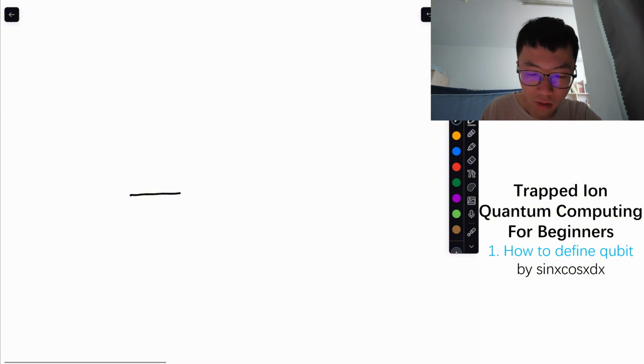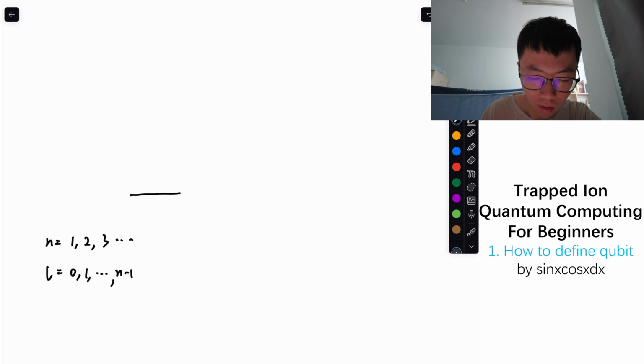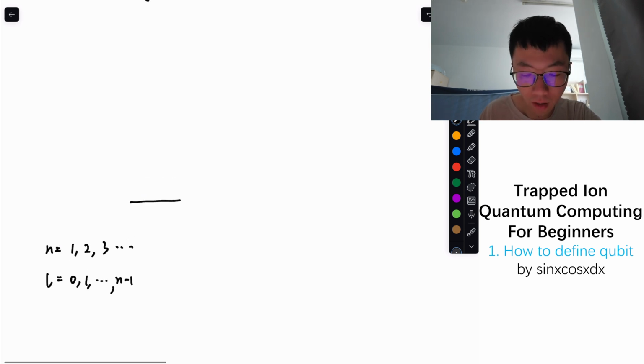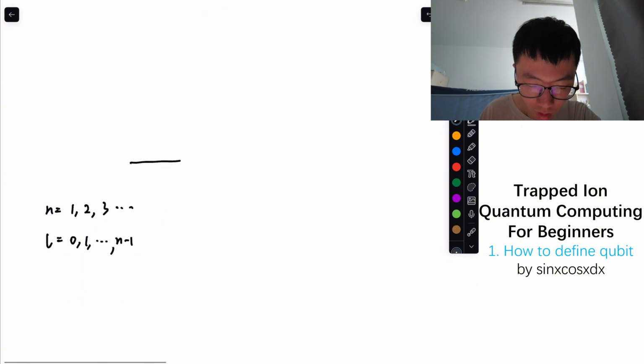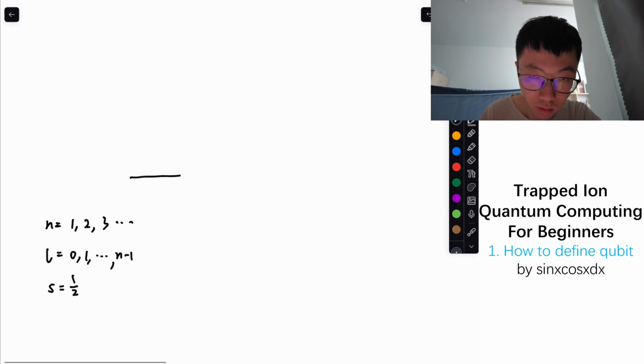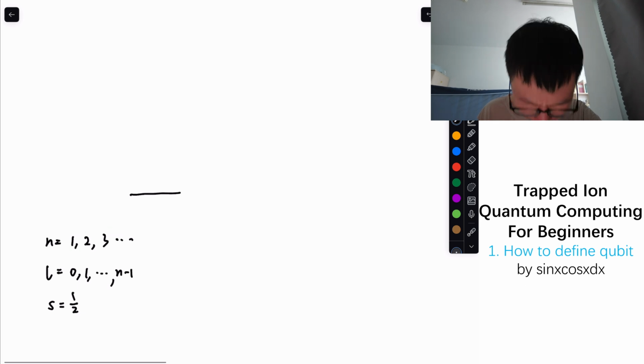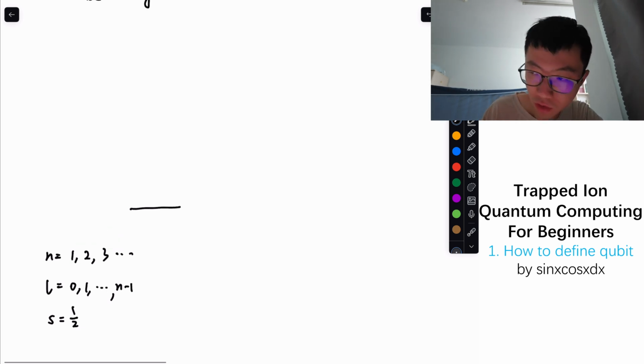It has the principal quantum number n equals 1, 2, 3, and the angular momentum quantum number L equals 0, 1, up to n minus 1, right? Since it only has one electron, the spin of the electron is 1/2, and so its energy structure is quite simple.